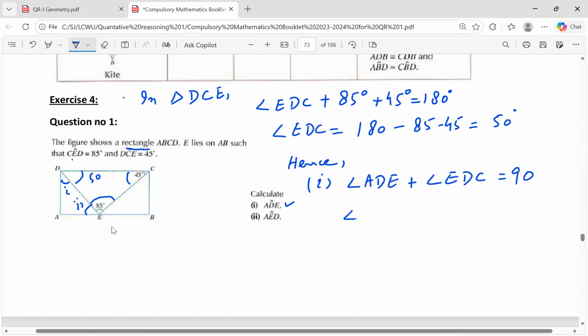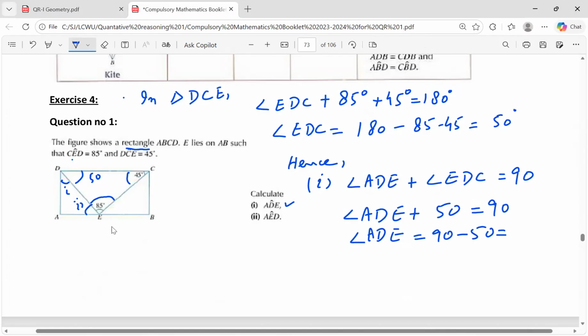It gives you angle ADE plus 50 degrees is equal to 90 degrees, and hence angle ADE is equal to 90 minus 50, which is equal to what?